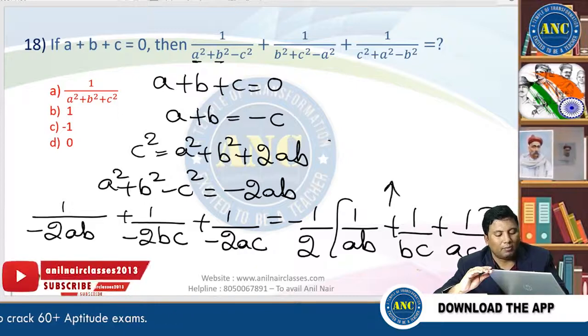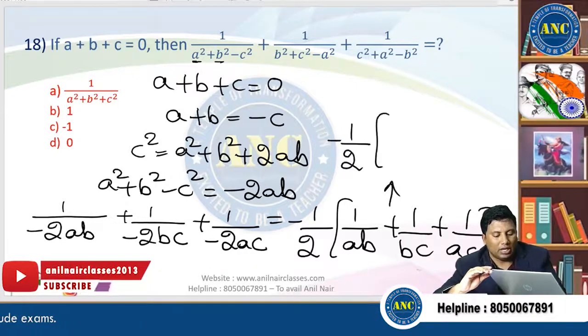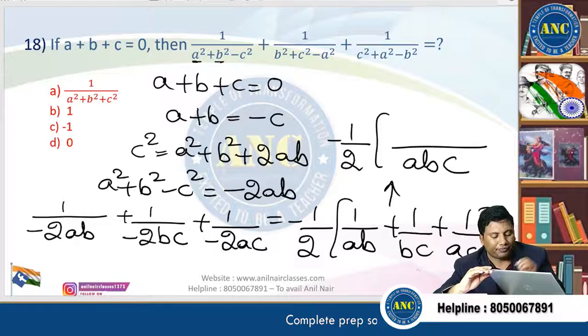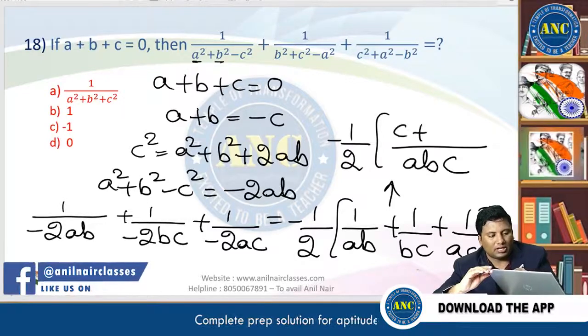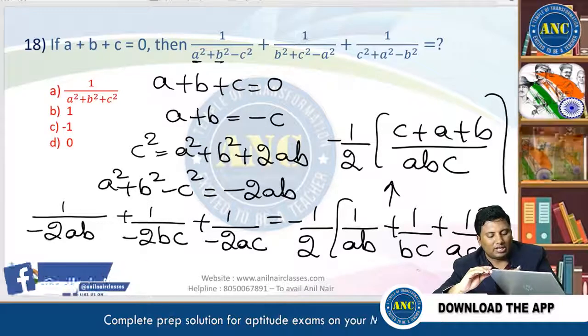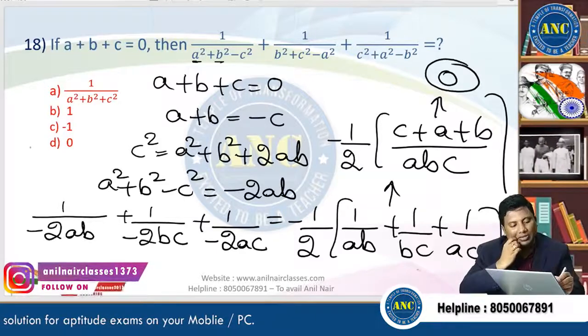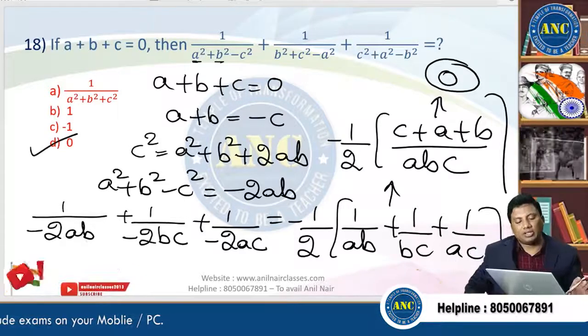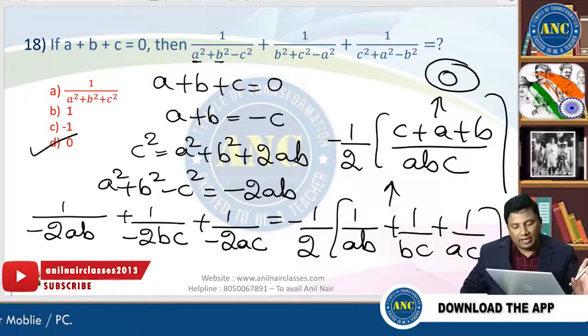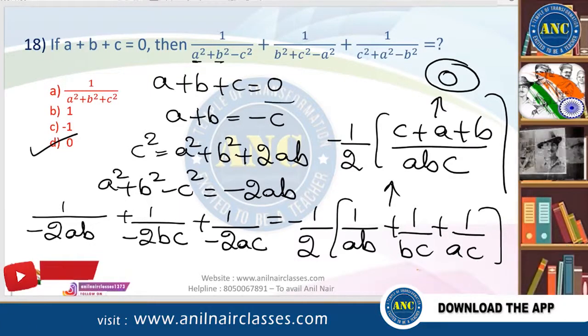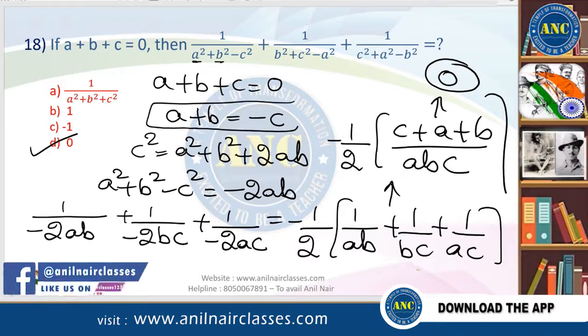This will become minus 1 by 2 into (c plus a plus b) over abc, the LCM. What is c plus a plus b? 0. Answer is nothing but 0. I hope it is clear. A plus b plus c is 0. A plus b is minus c. I hope it is clear.